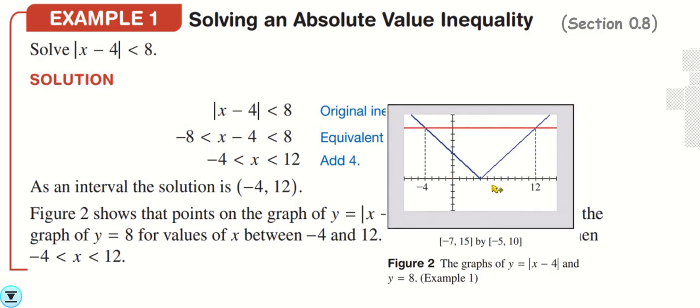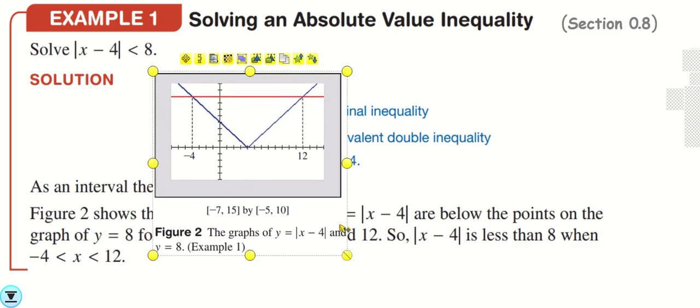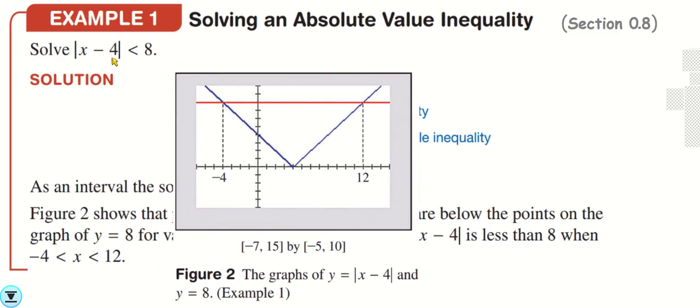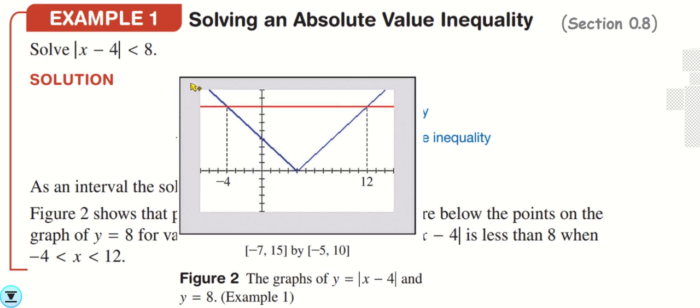What this is right here is another way to do the entire problem. It's a graphical way to do the problem from the get-go, where you treat this as a function. So just this part is like y equals the absolute value of x minus 4. Remember, that's a V graph, and you're seeing for what values the blue V graph is less than, or below, this y equals 8 line.